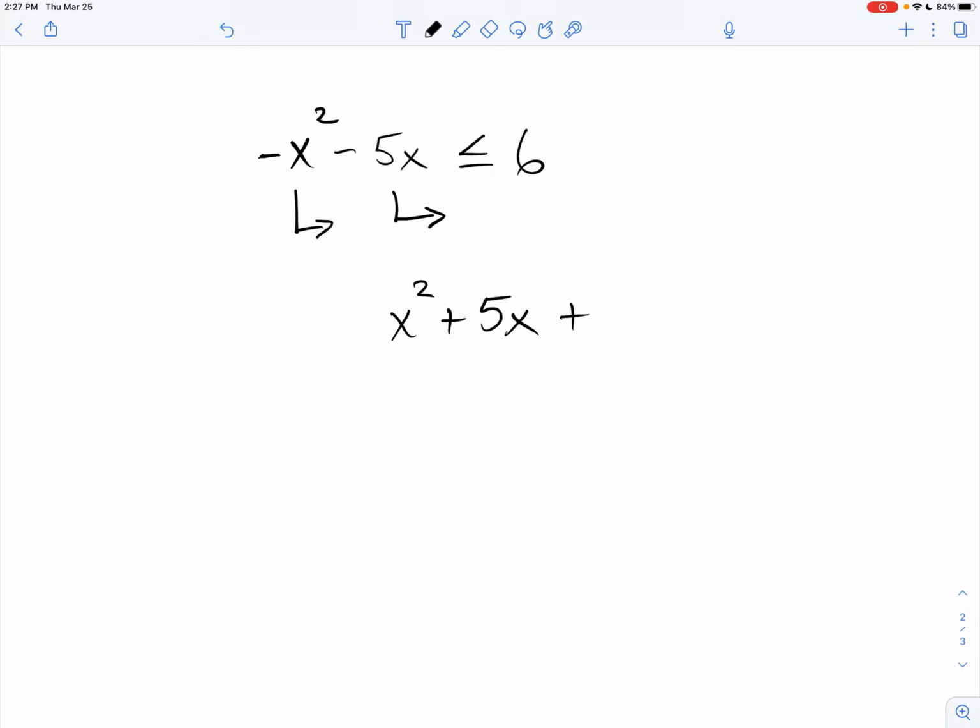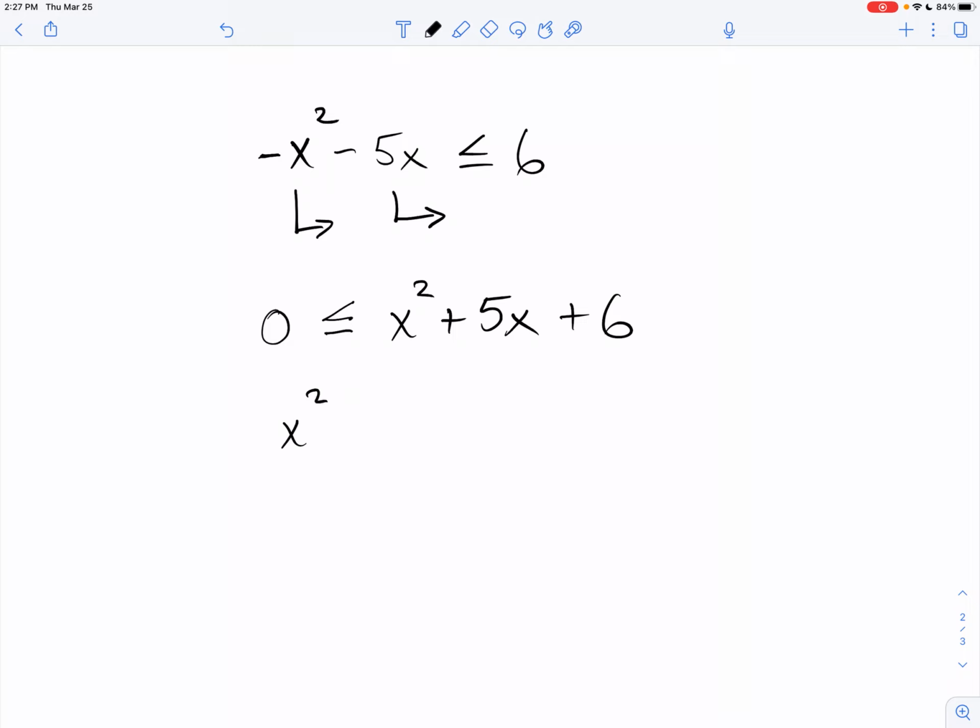I already have the 6 on this side, right? So I moved everything to the right-hand side. That means that inequality symbol is right there now, and there's a 0. Now just let that sink in for a second, because most people do not like to read an inequality backwards. Most people do not enjoy that. They say, you know what?